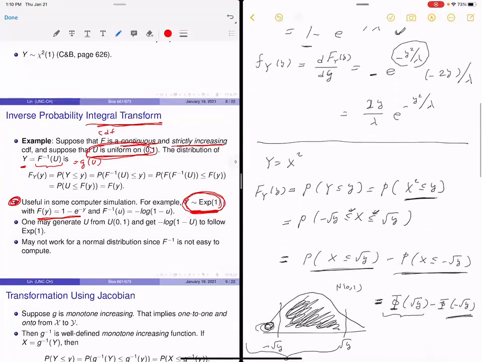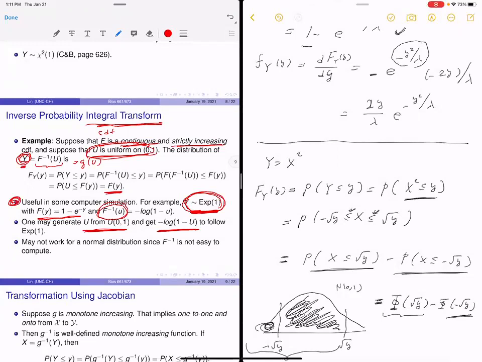So if I do know the F inverse function, based on this derivation, I can actually get random numbers of exponential 1, which means I can generate the u from uniform 0, 1, and then do this F inverse transformation, then the CDF of y is the CDF of y.